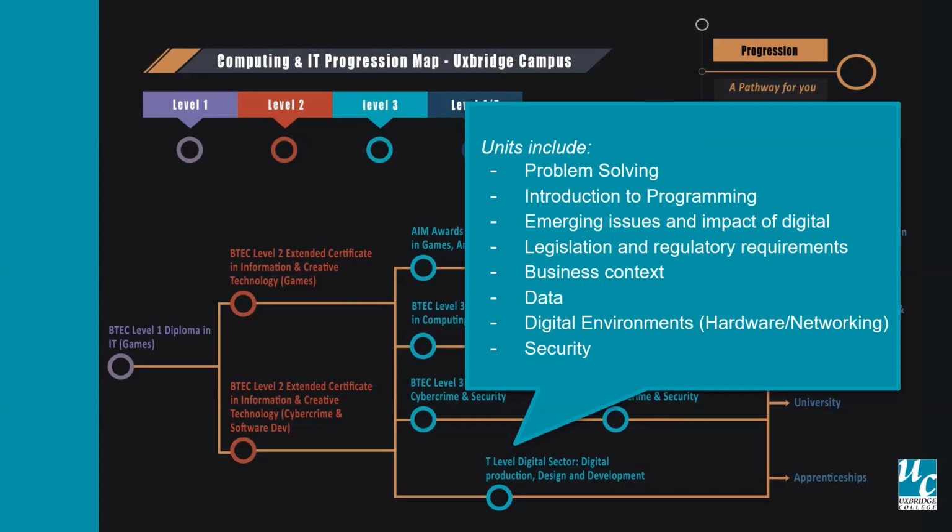Data is for handling big data or the Internet of Things, the integration of computer hardware. Then you've got digital learning environments, which is very much about networking and hardware and how to integrate that kind of system. And then after that, you've got security, which comes under the cybercrime security type section.